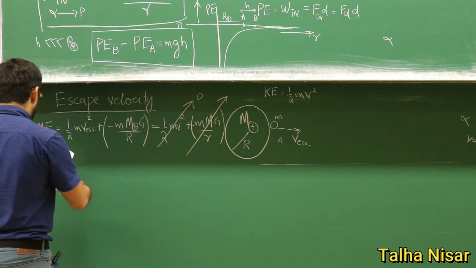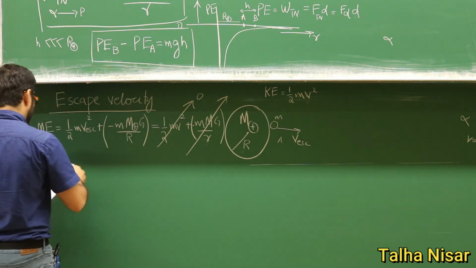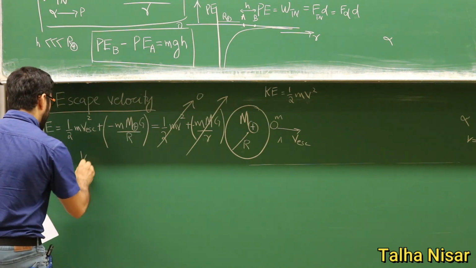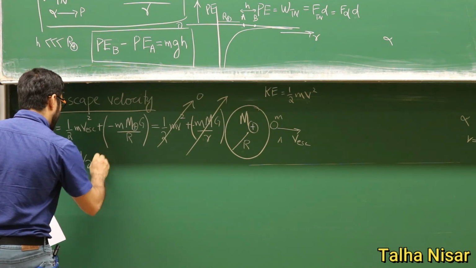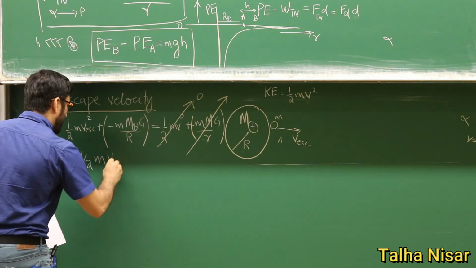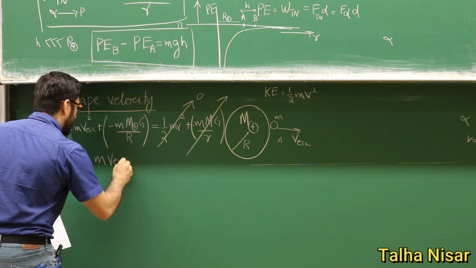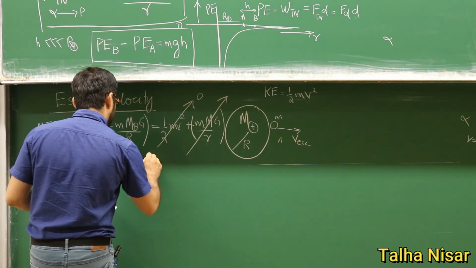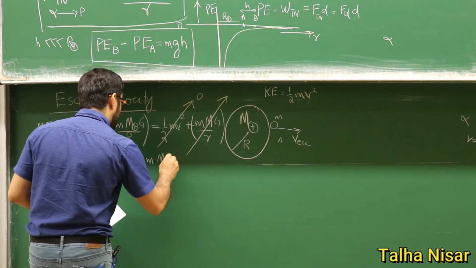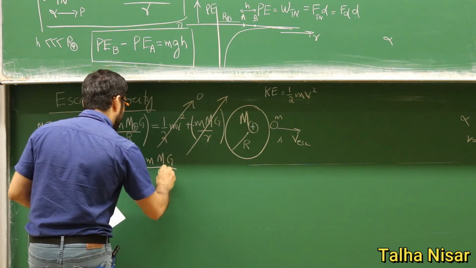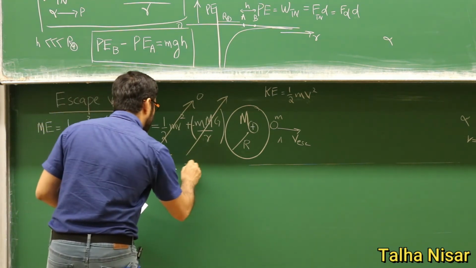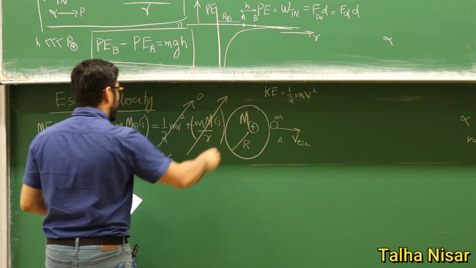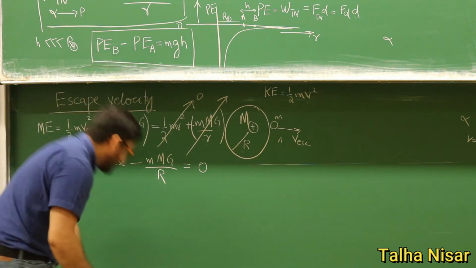So what do we get? We get 1/2 m v escape squared minus m G M divided by the radius of the earth is equal to 0. So on this side we have 0.